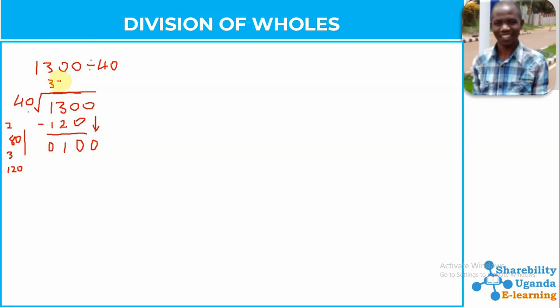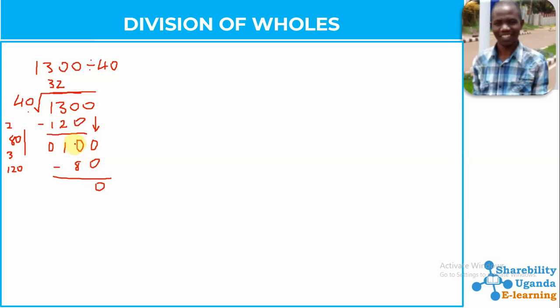So we can try out a 2, and when we say 2 times 40, we get 80. So when we get 80, we subtract.